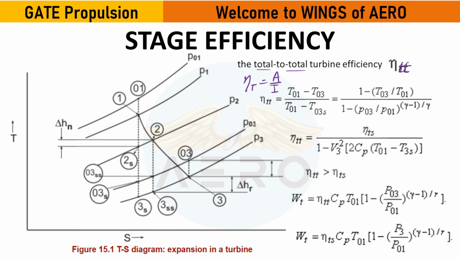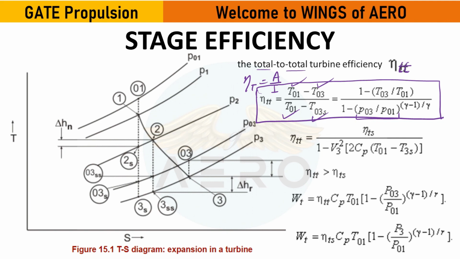Here we will be considering the stagnation points, the total points, and all the points are stagnation points. So the final expression for total to total turbine efficiency is 1 minus T03 by T01 over 1 minus P03 by P01 to the power gamma minus 1 by gamma.